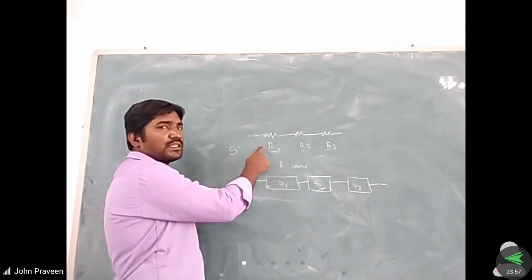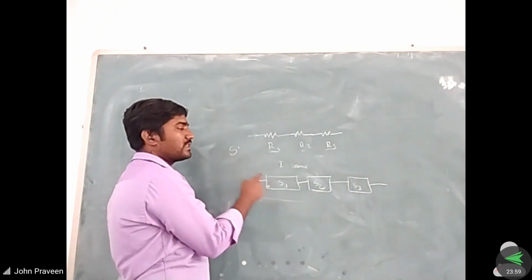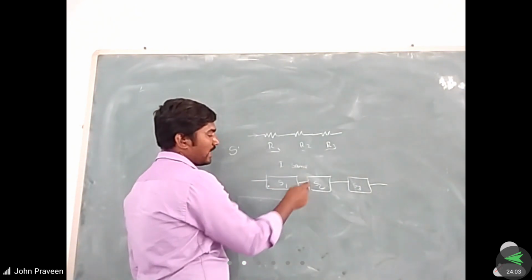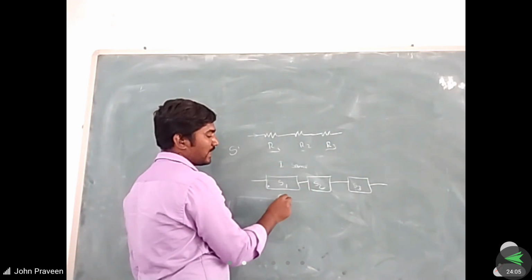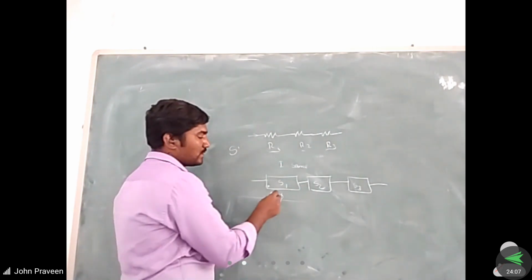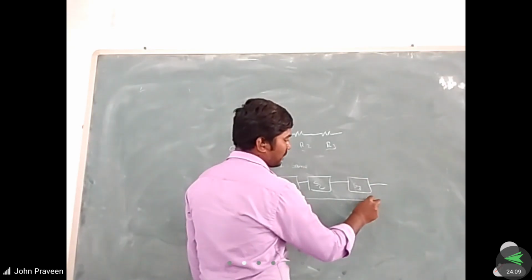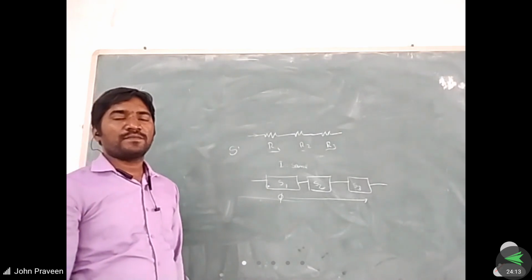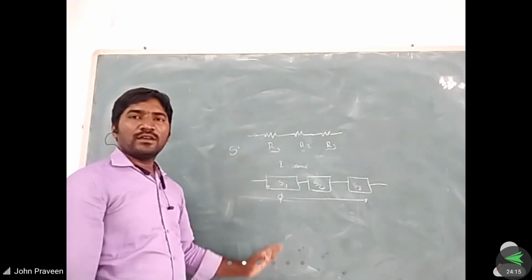Here we take a resistance value, there we take a reluctance value. Instead of current, we take the flux phi. So phi is the same for the entire reluctances. That concept is considered here.